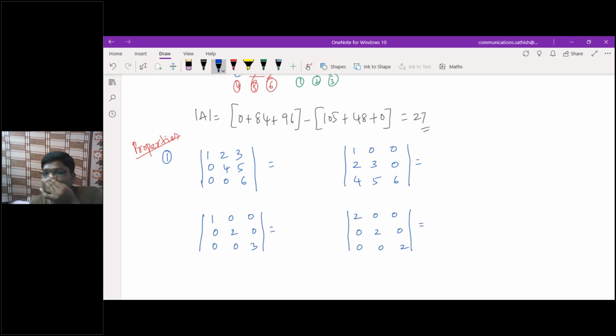Can you give me the answer for this? Determinant of the following matrices. Firstly, give me.